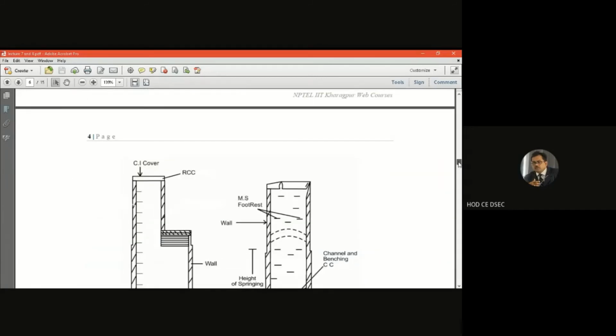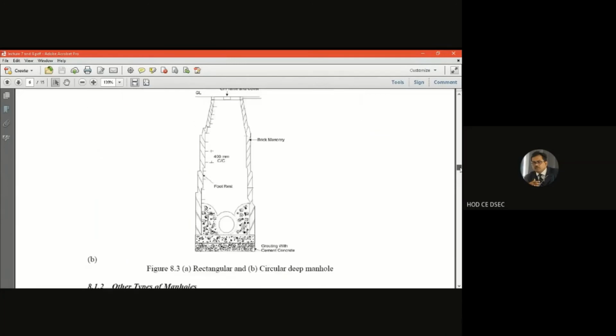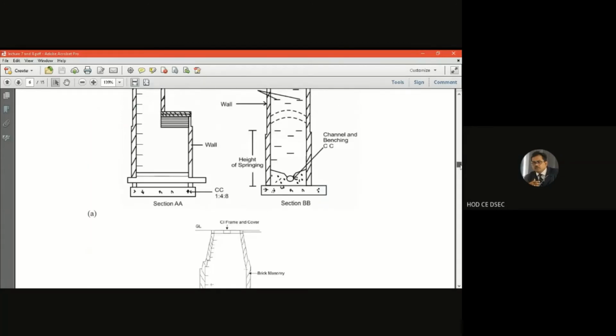As it will be in the deep manhole, means definitely there will be a provision on the road where the traffic load is there. So there is another cross section at the bottom. The top plane is the circular one, that also I have shown you. Although this is shown as a diagram, because here we are not learning the structural system like concrete structure or big structure.